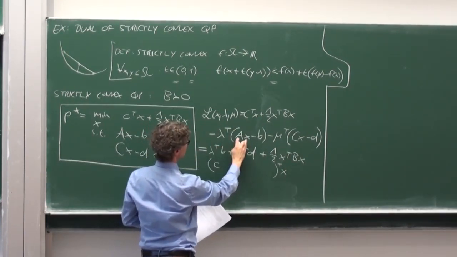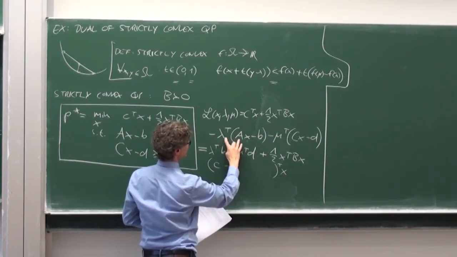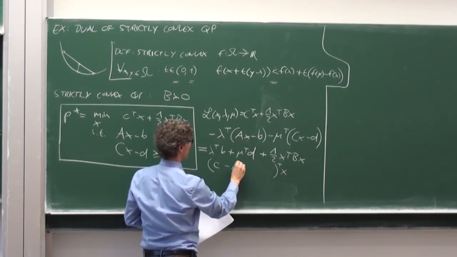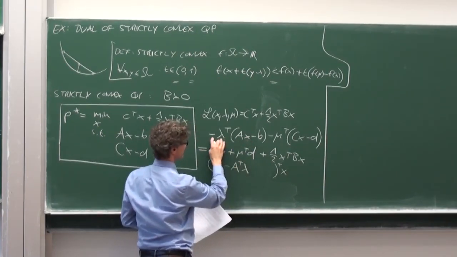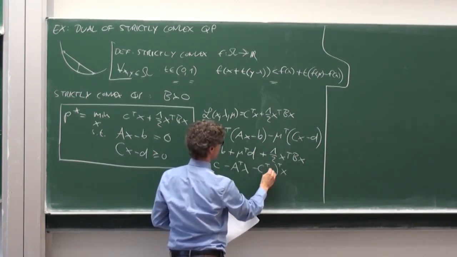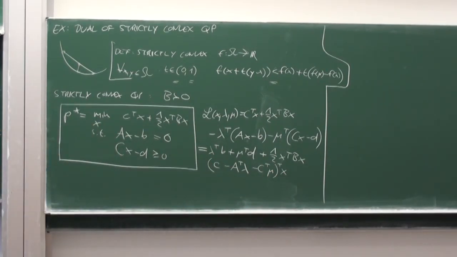And then I have a minus, and lambda transpose A is multiplied with x. So with the transpose, it's actually A transpose lambda with a minus sign. And here I have the same, minus C transpose mu. So now I have just reordered my Lagrangian, but why did I do it?